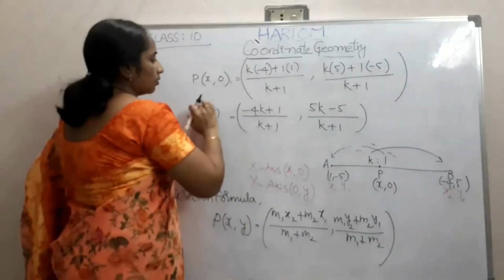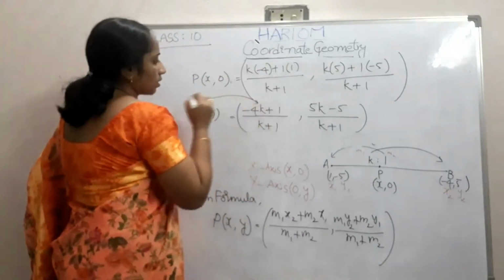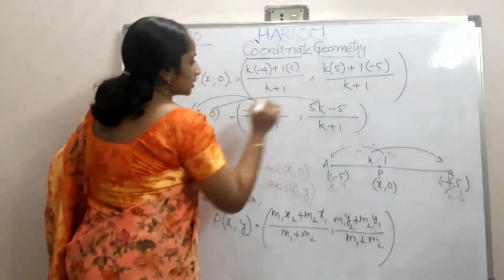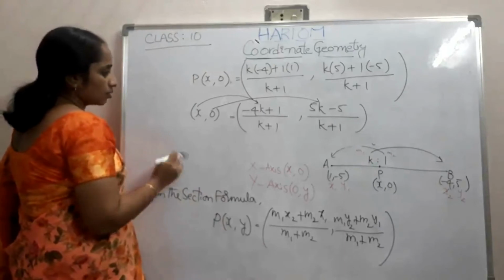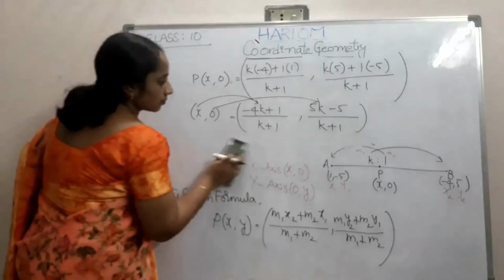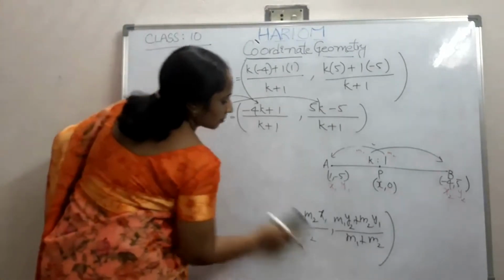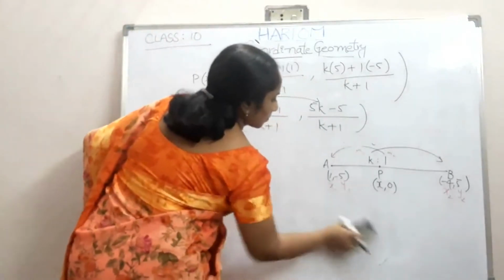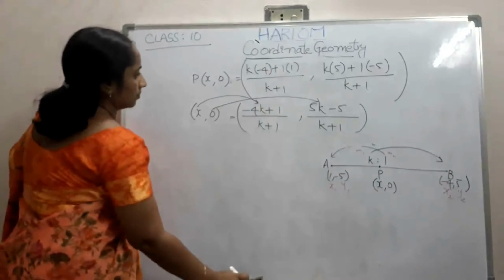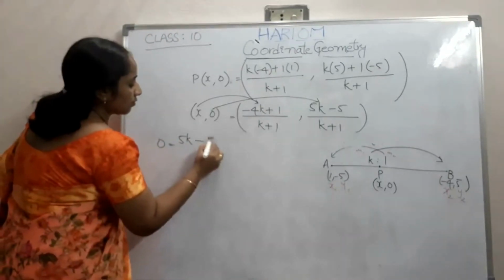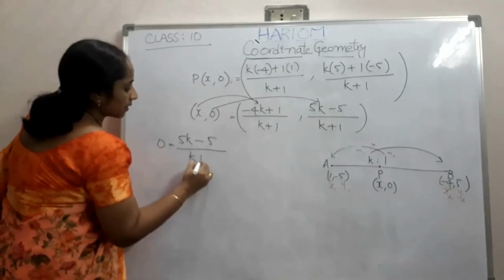Now as you know, this x coordinate is equal to this x coordinate and this y coordinate is equal to this y coordinate. So that 0 is equal to 5k minus 5 by k plus 1.